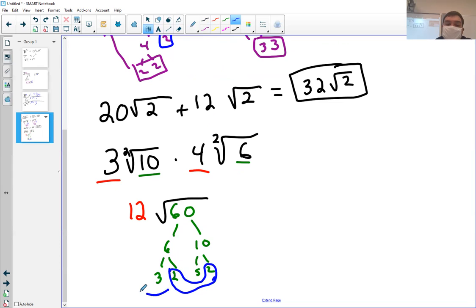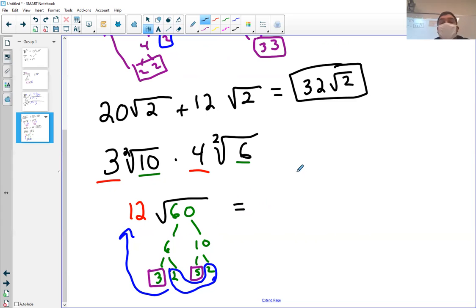So I have a pair of 2s, so that's going to get to leave. You multiply them, and then the insides, which is a 3 and a 5 left over, are going to multiply on the inside. Outside multiplies, inside multiplies, same concept.